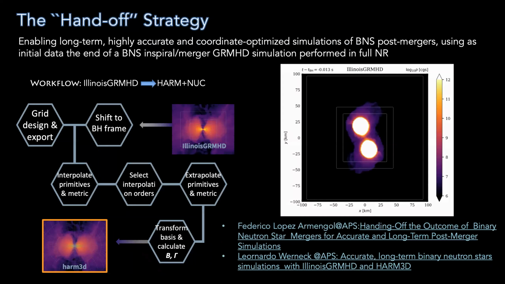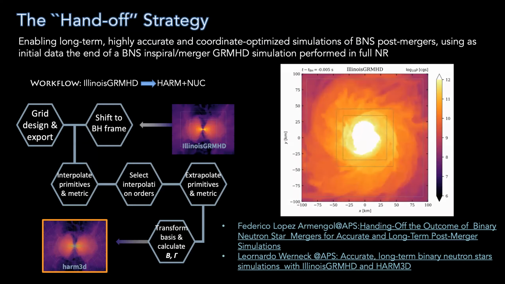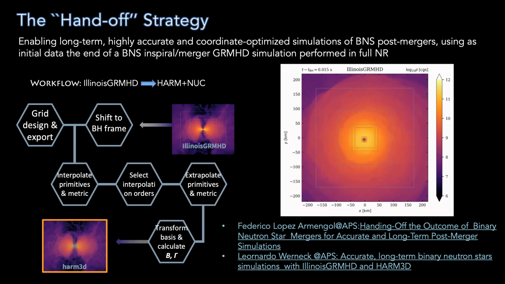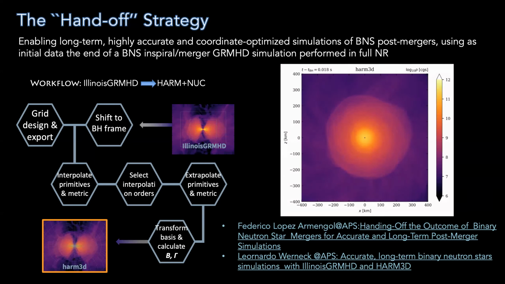I'm not sure if Leo will present it, but I think he might, where we do a handoff from a binary neutron star simulation using Illinois GRMHD to another code using spherical coordinates. You can see in this simulation that this can be done.